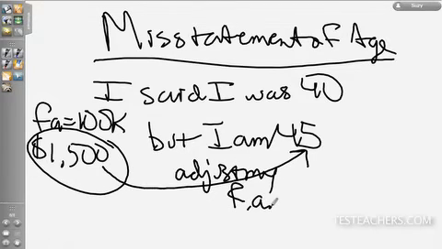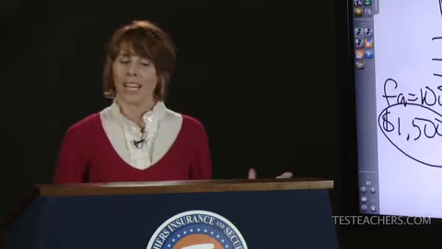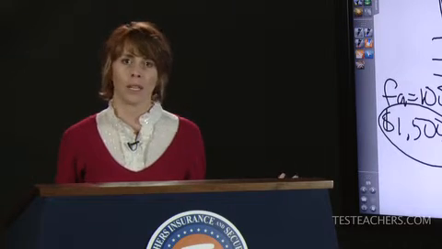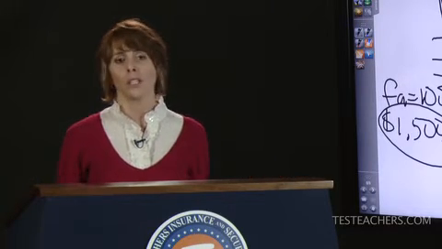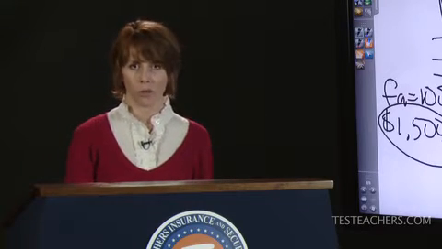The face amount in this story is going to be less, so that the amount of protection that I purchased is less because I was really older than I said I was. So it has nothing to do with adjusting the premiums. They can't get any more premiums out of me. I'm not around anymore. So they take the premiums paid at the correct age and they adjust the face amount.